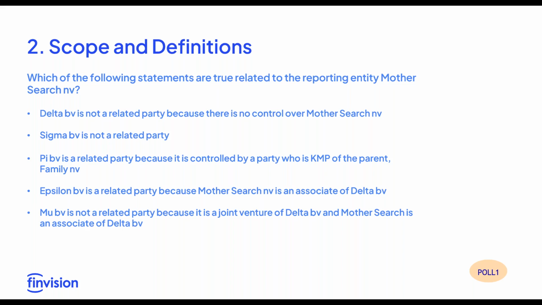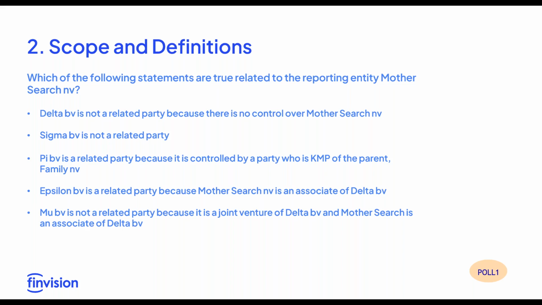P BV is a related party because it is controlled by a party who is key management personnel of the parent, being Family NV. Epsilon BV is a related party because Mother Search is an associate of Delta. And Mu BV is not a related party because it's a joint venture of Delta and Mother Search is an associate.